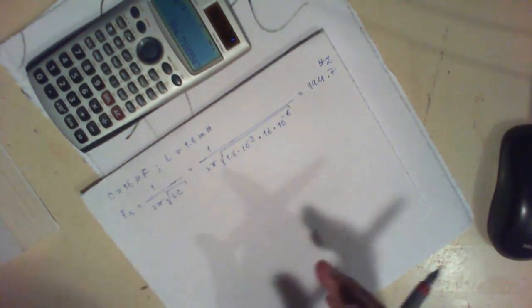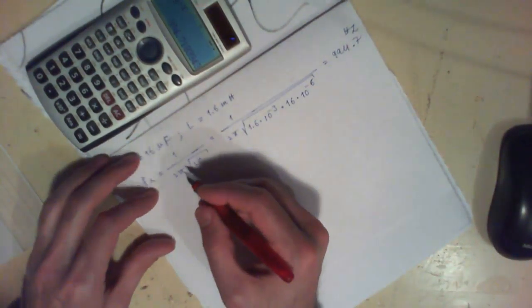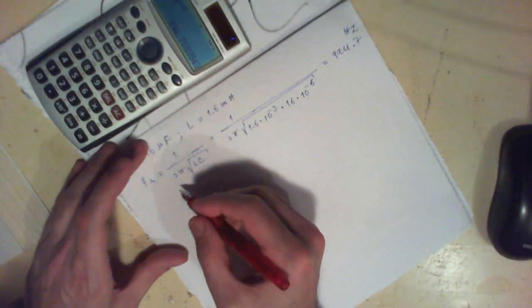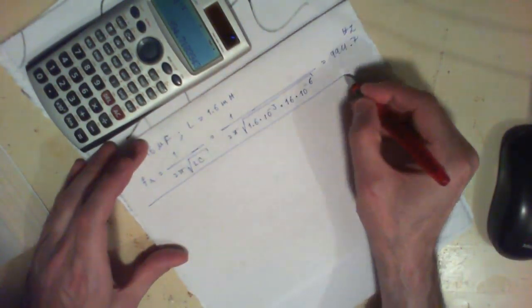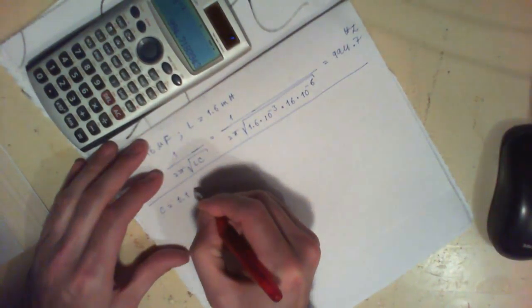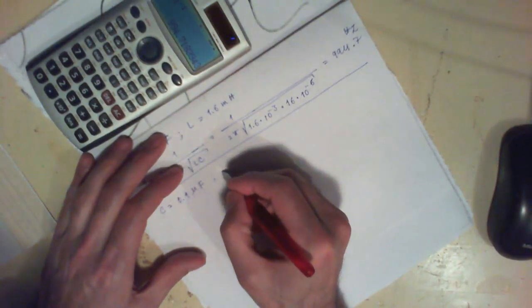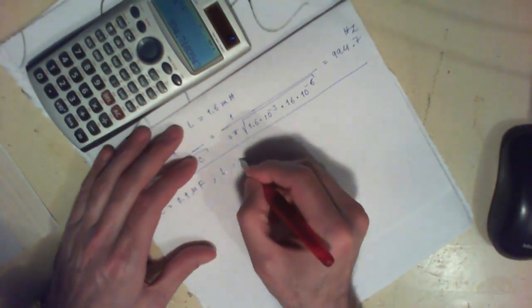So now let's do a couple more examples here. These are all related to the same formula. Let's say that your capacitor is 0.1 microfarad and your inductor is 1 millihenry.